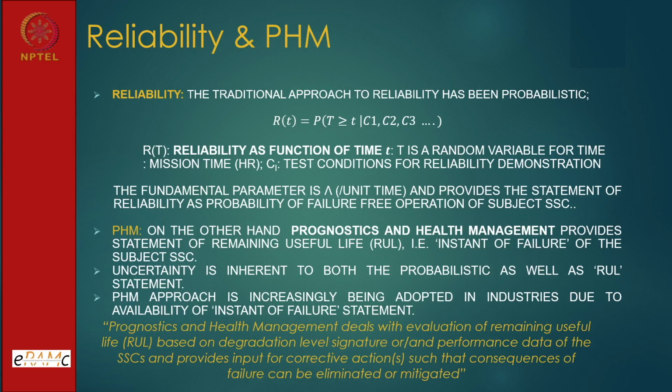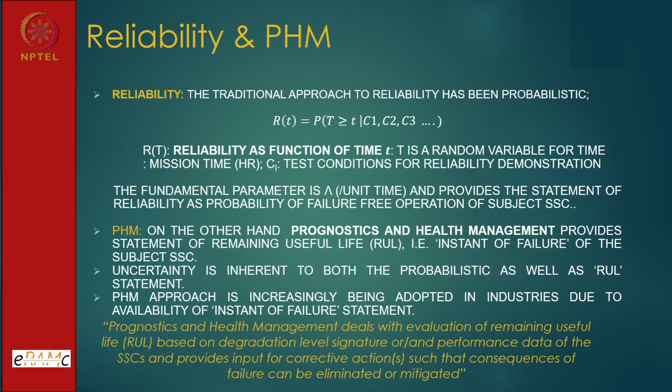That's how we define it, and mathematically we express it as R(t), that is reliability as a function of time, is equal to the probability that capital T is greater than small t. Capital T is a random variable, so that means uncertainty is a part of this statement. So the time to failure should be more than the mission time.